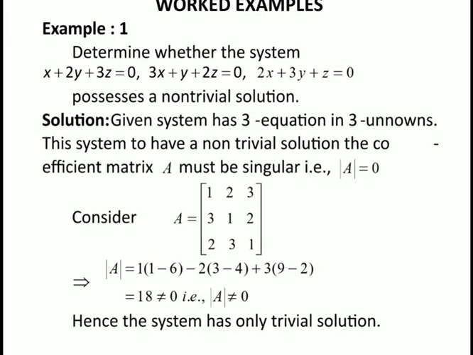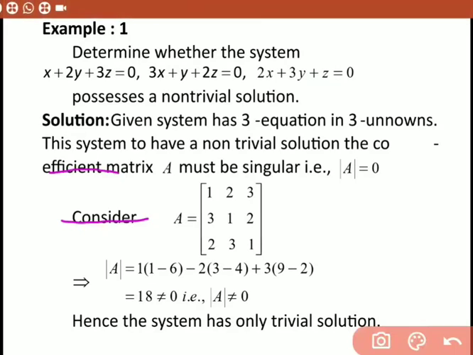First take the first element 1, leave its row and column, and cross multiply the remaining two. That is 1 into (1 minus 6). The signs go plus, then minus, then plus. We know this method of expanding 3 by 3 determinants.